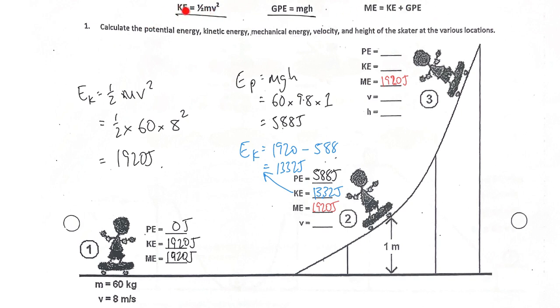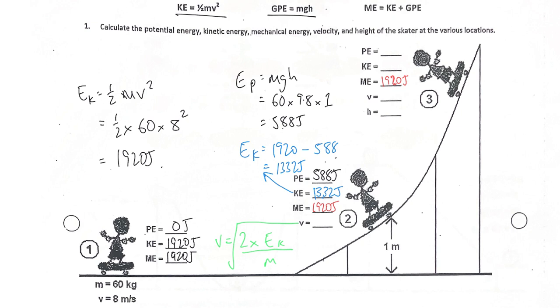So now I have EK, I have his mass, I can work out the v. That equation, v is equal to the square root of 2 times EK over m. That is the rearrangement of that equation.